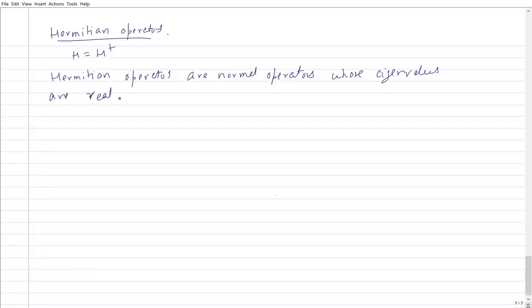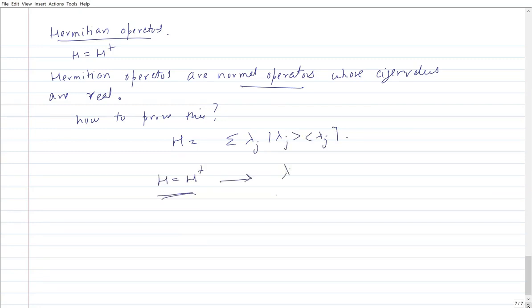How do you show it? Well, since they are normal operators, there exists a spectral decomposition. Now if I use the condition H equals H dagger, then this will imply that the lambda j's have to be real. It's a trivial proof.